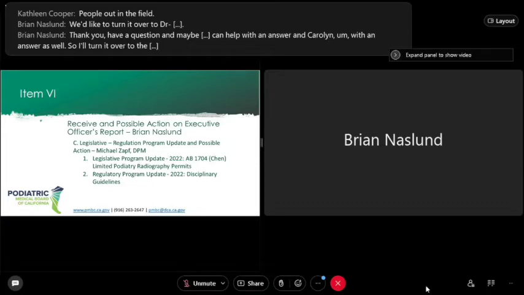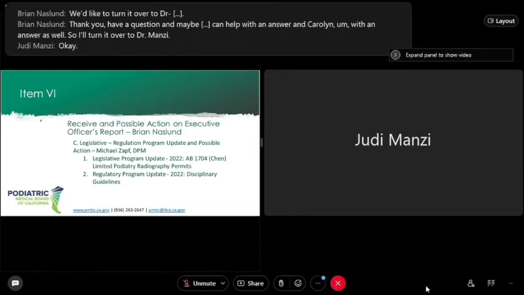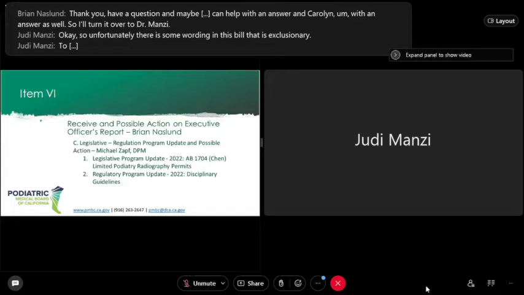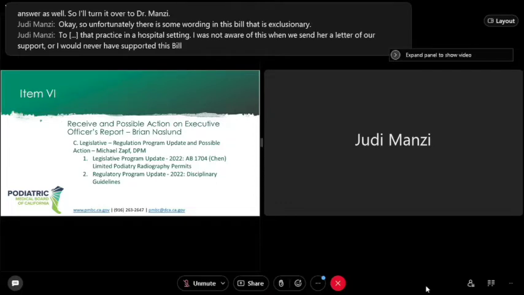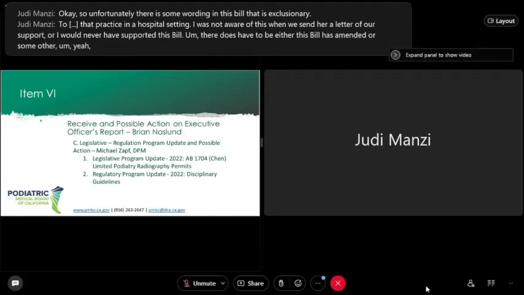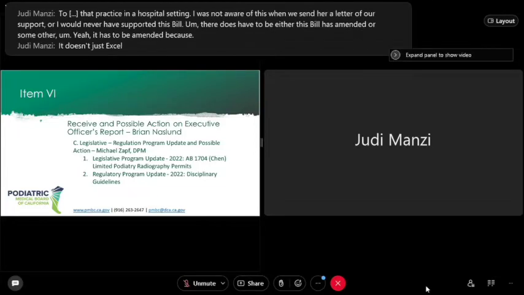So I'll turn it over to Dr. Manzi. Okay. Unfortunately, there's some wording in this bill that is exclusionary to podiatrists that practice in a hospital setting. I was not aware of this when we sent our letter of support, or I would never have supported this bill. This bill has to be amended, because it doesn't just exclude the podiatrists at Kaiser. This is Sutter, this is Palo Alto Medical Foundation, any podiatrists.